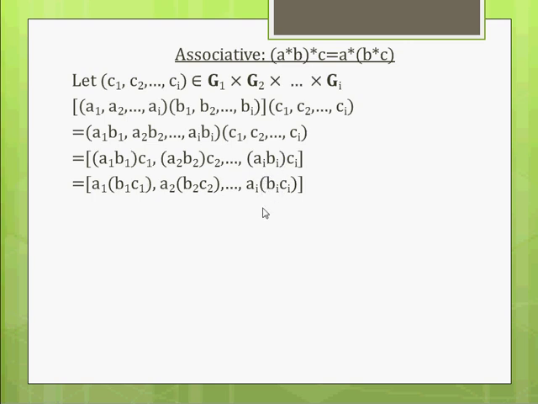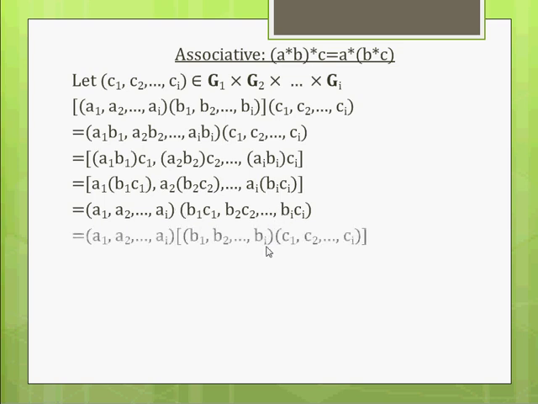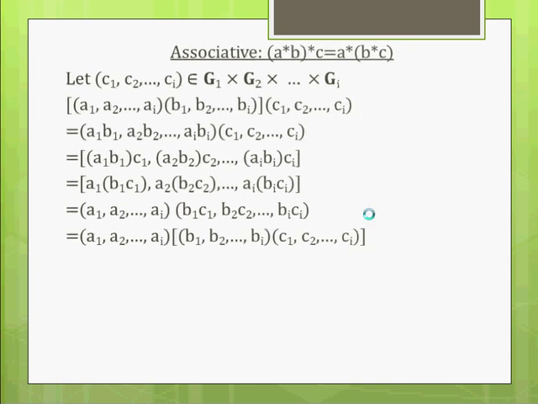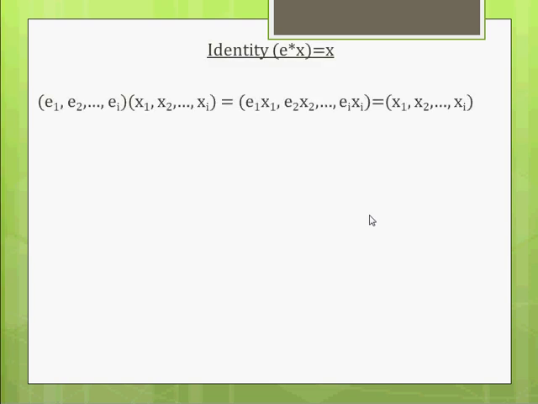And it works for every component. And so since we know that, now we can break this up. And now we can break the second component, the second element, up. And now that's the right-hand side of the equation. So we showed that the left-hand side equals the right-hand side. So that's associativity. Now we need to show that the set has an identity.